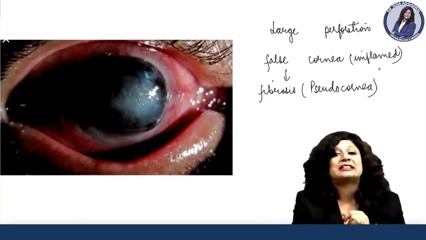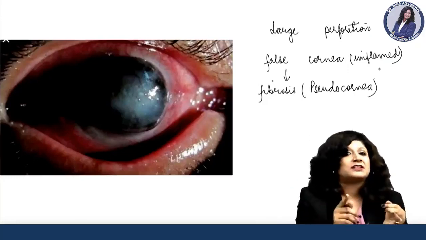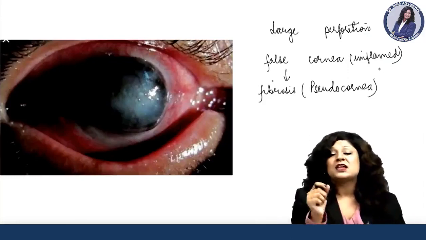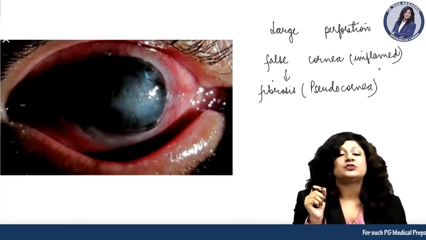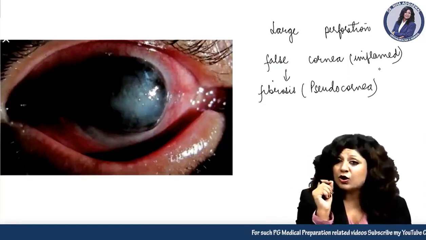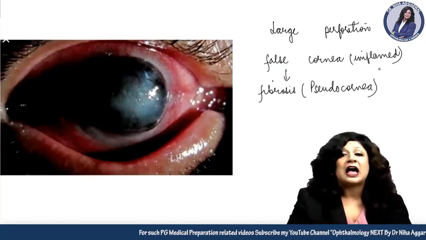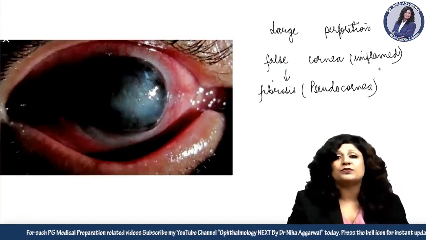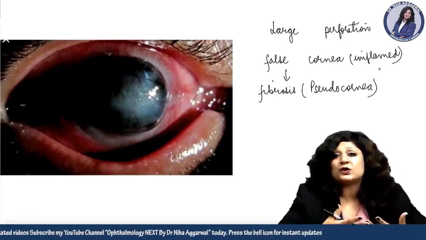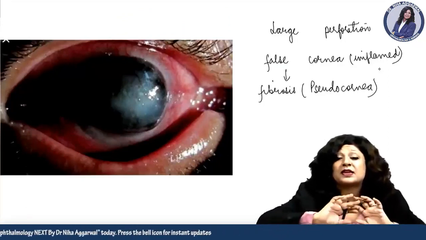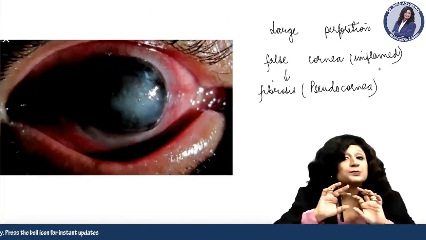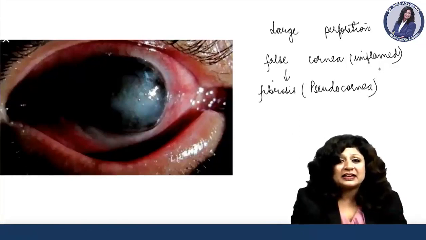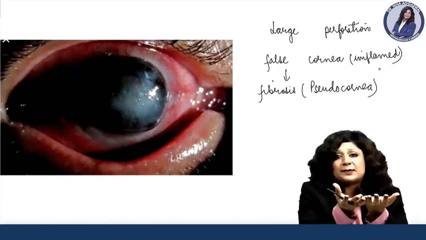Now when I say it is a false cornea, a pseudocornea, that means it does not contain the true layers. Because it is not truly the cornea, after some time the whole tissue is coming out because the aqueous humor is making it protrude. It is pushing it anteriorly and it gives a bunch of grapes appearance.